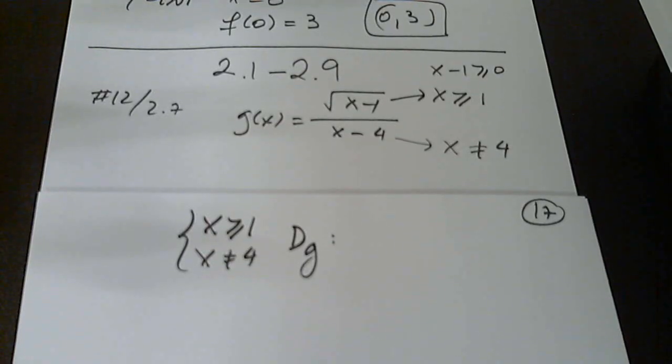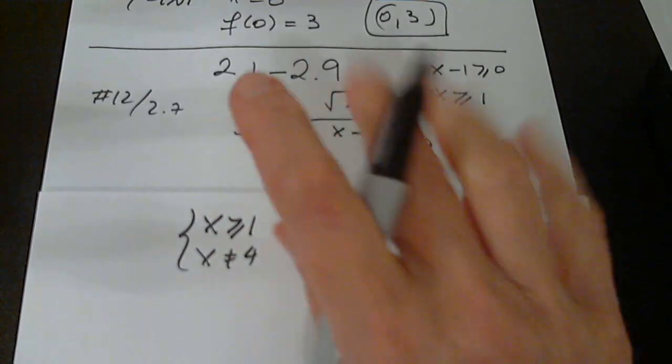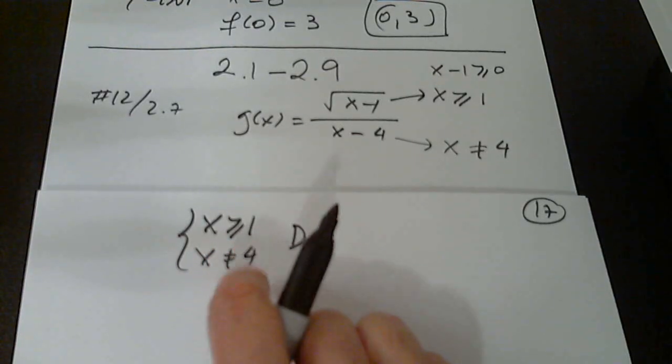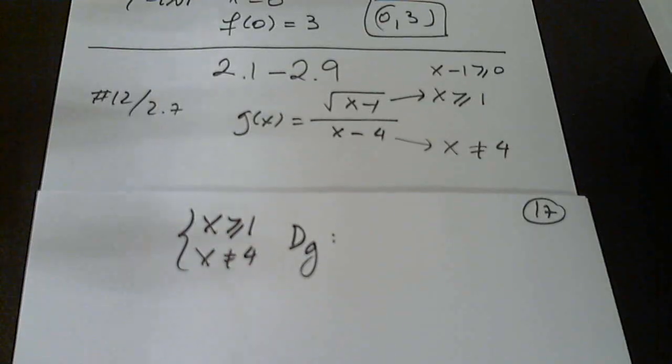Therefore, the domain of G is... anyone, please? So is it negative infinity? Careful. x greater than or equal to 1, skip 4. So is it a bracket with 1?